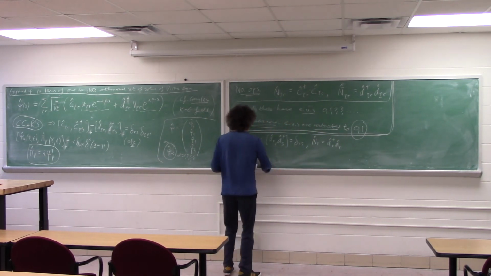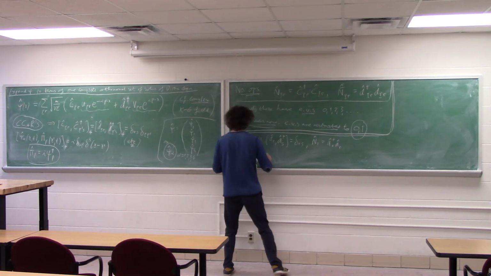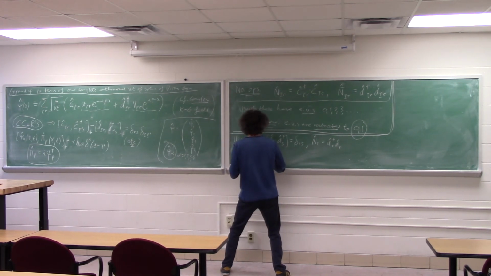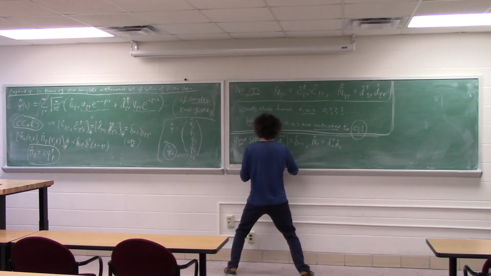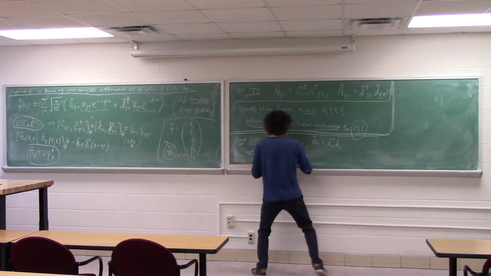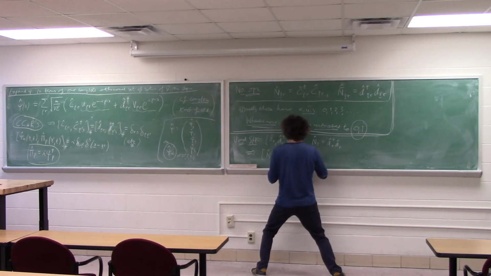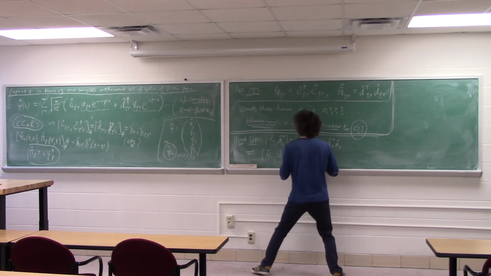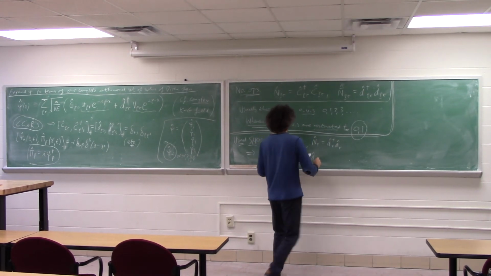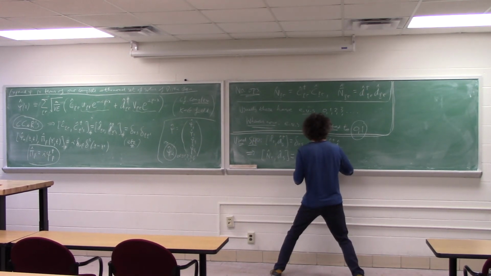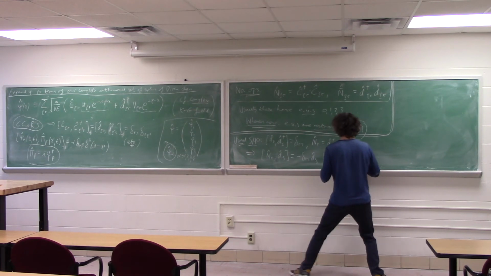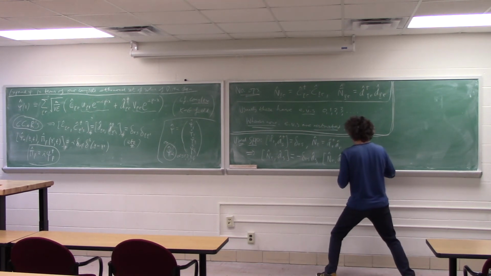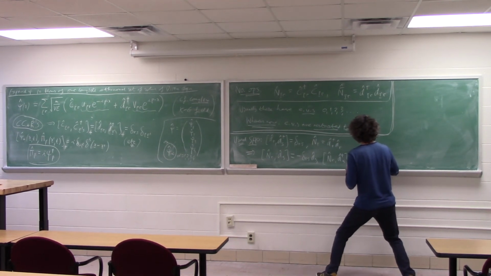Now, these relations imply the following: the commutator of N_r with a_s is equal to minus delta_{rs} a_s, and the commutator of N_r with a dagger_s is equal to delta_{rs} a dagger_s.